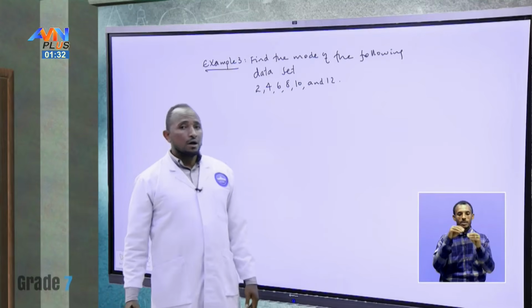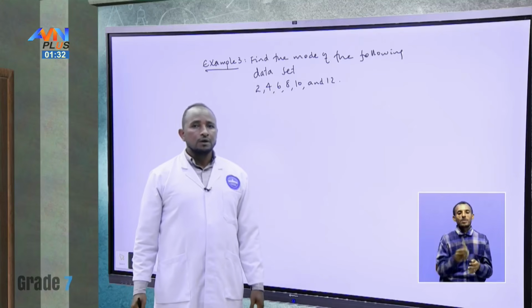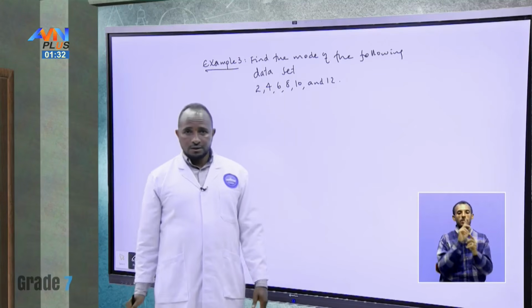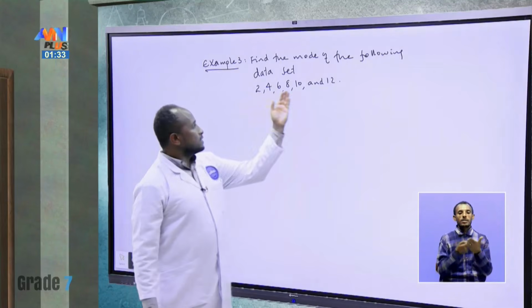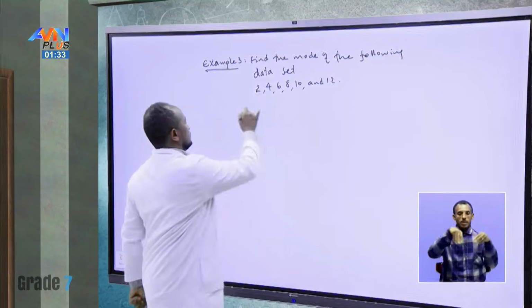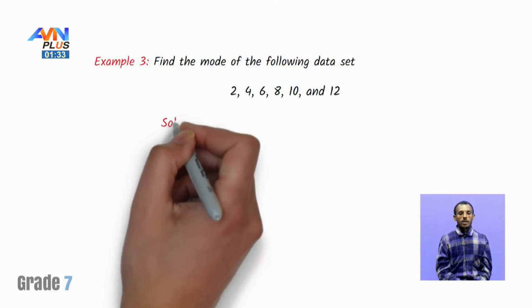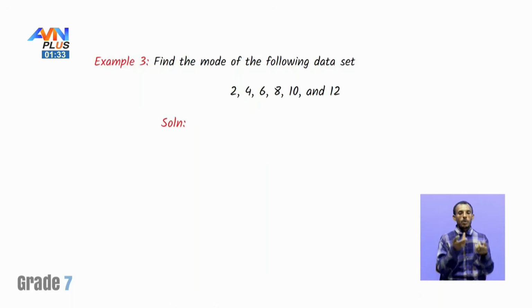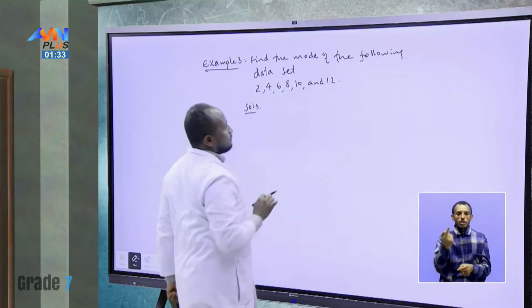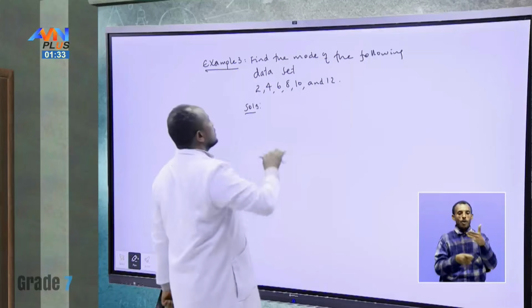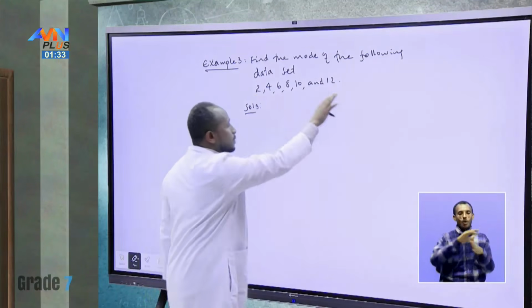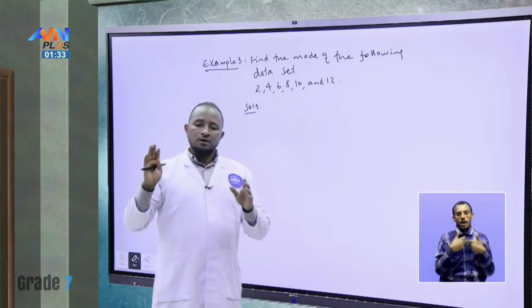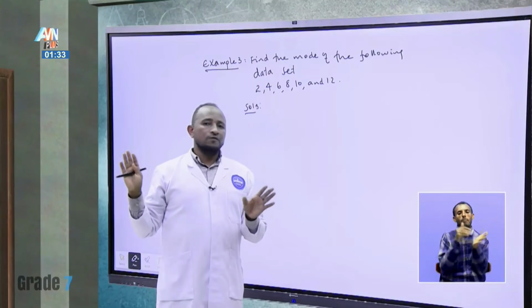Students, have you tried the question? Good. Now let's see the answer together. When we see each of these data values, all appear once. All of them have equal repetition, or equal frequency.